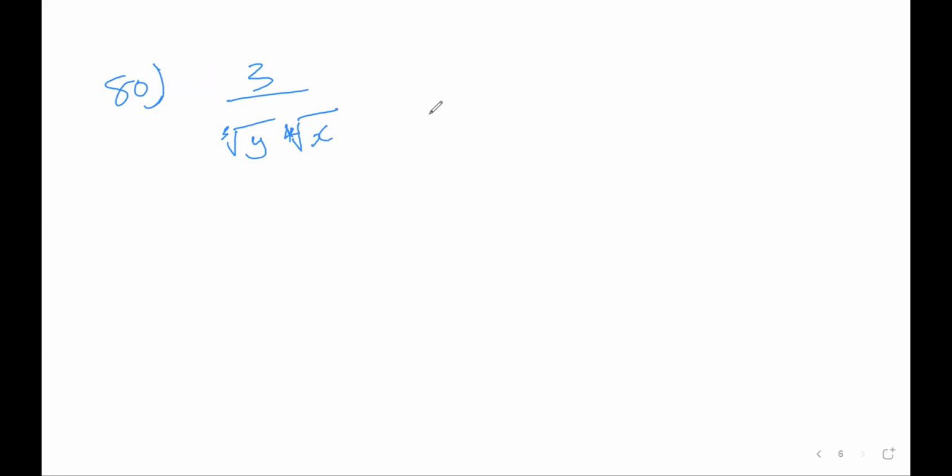First things first, write all radicals in the denominator in exponential form. So it becomes 3 divided by y to the 1 over 3, x to the 1 over 4. Next, I find out what I need to add to these powers to make them 1. What do I need to add to 1/3?